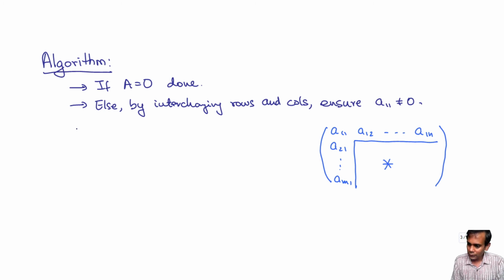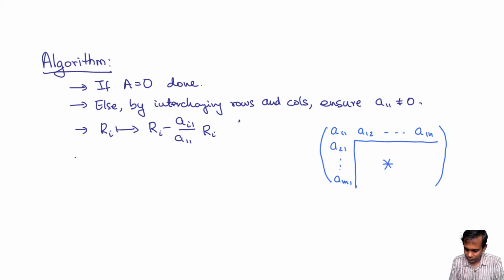So what you do now is you take Ri and replace it by Ri minus Ai1 by A11 R1. So this A11 is non-zero, and we are working over a field, so we can definitely divide by A11, and this will have the effect of killing off the element Ai1.